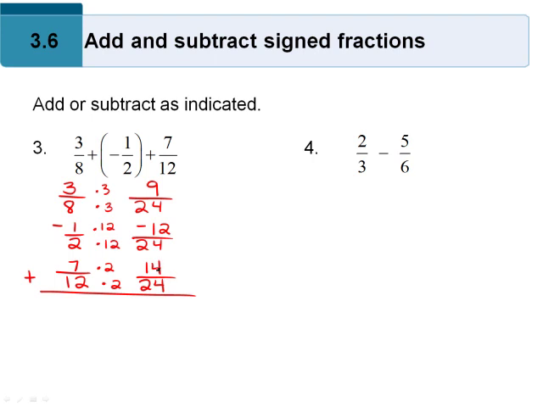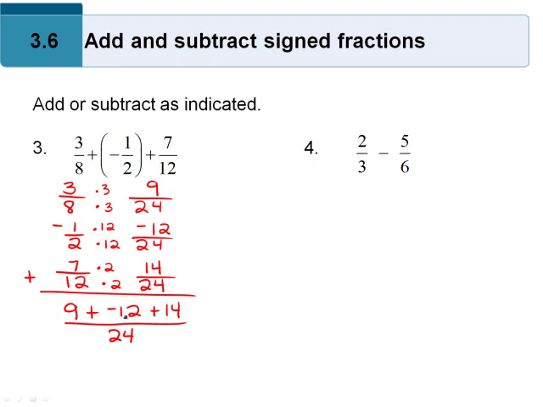Okay. There are a lot of different ways you can do this because what we're doing now is adding the numerators on those three fractions, 9, negative 12, and 14. So it might help to write it out, 9 plus negative 12 plus 14 all over 24. That might make it easier to see what you're doing, okay? So I would probably just go straight across because the numbers are not as big that way.